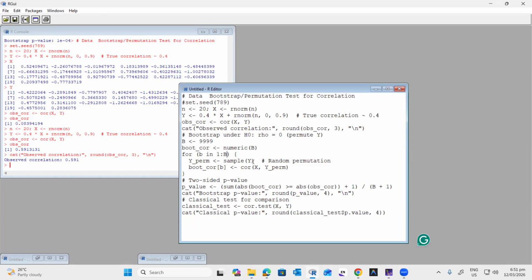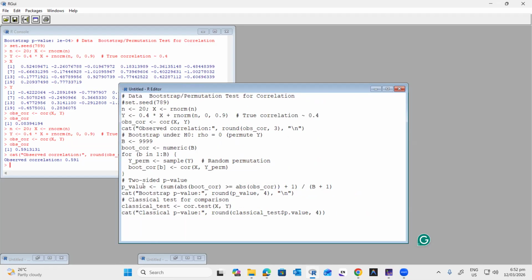After that we compute the boot correlation, which is the correlation between x and the permuted values of y, and store it in boot_cor. Then we stop the for loop and calculate the p value of the correlation.